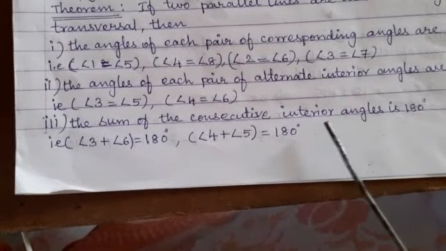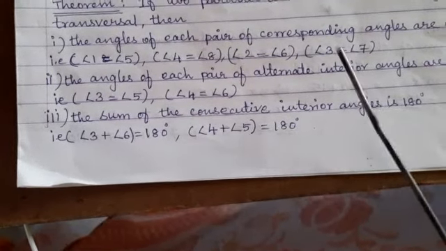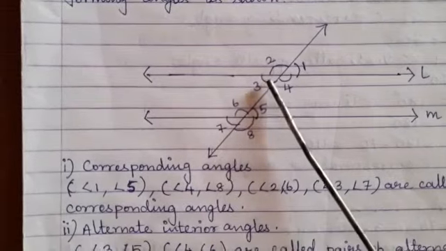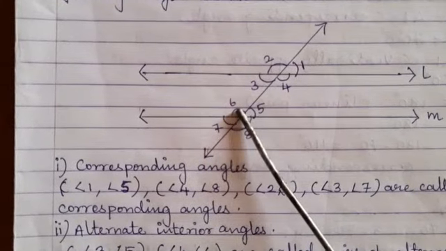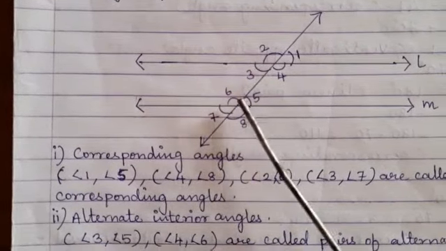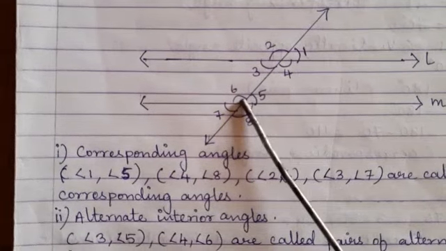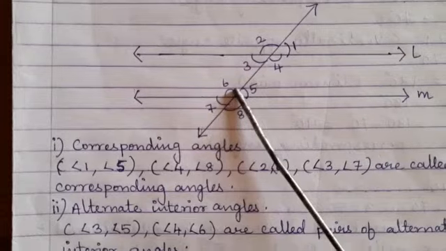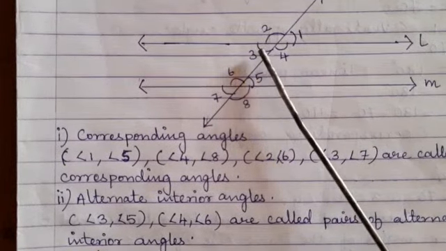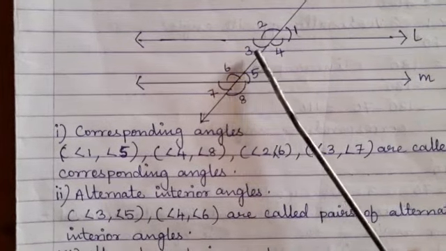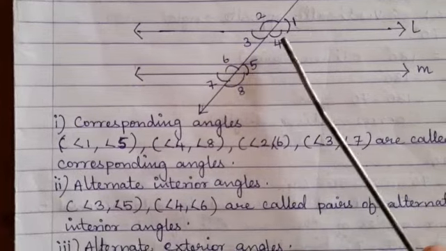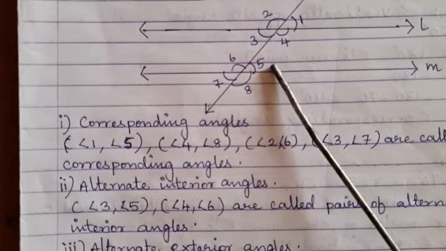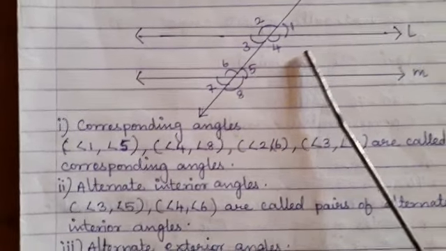The other name is co-interior angles. See this figure, angle 3 plus angle 6 is equal to 180 degrees. That is, on the same side of the transversal inside the parallel lines, they are known as co-interior angles. So the sum of co-interior angles, angle 3 plus angle 6, is equal to 180 degrees. Similarly, angle 4 plus angle 5 is equal to 180 degrees.